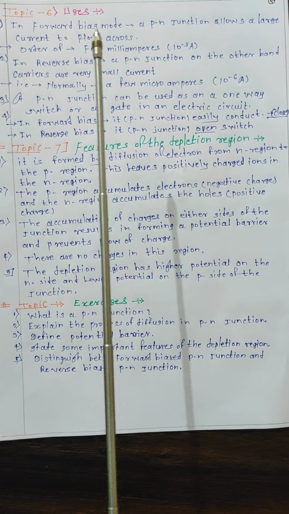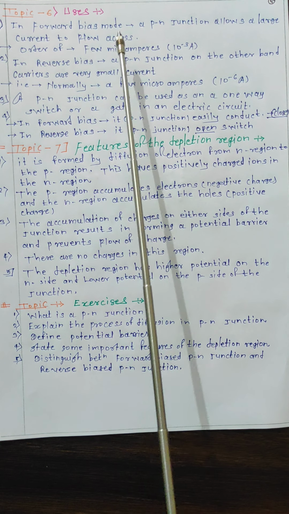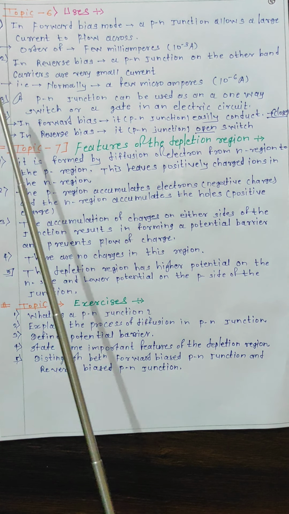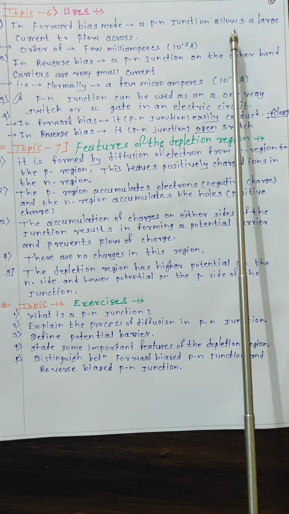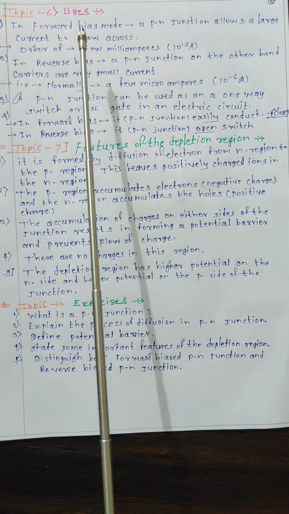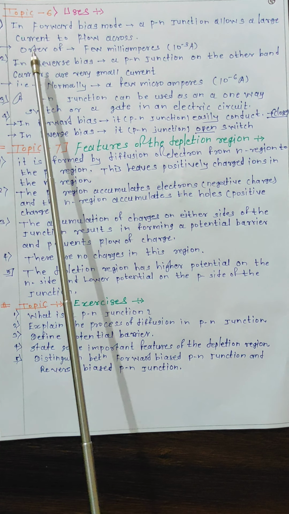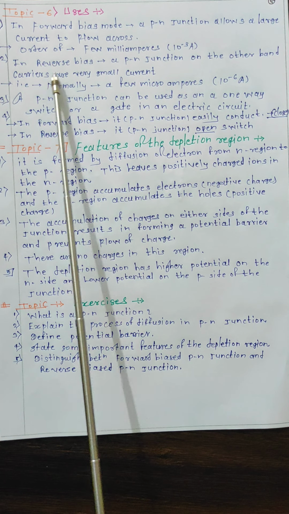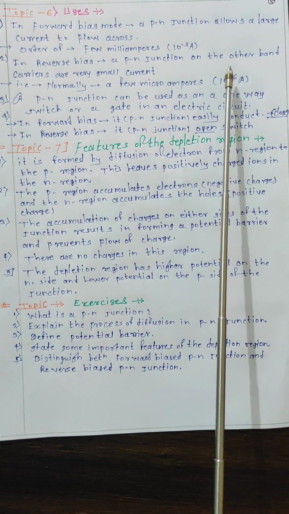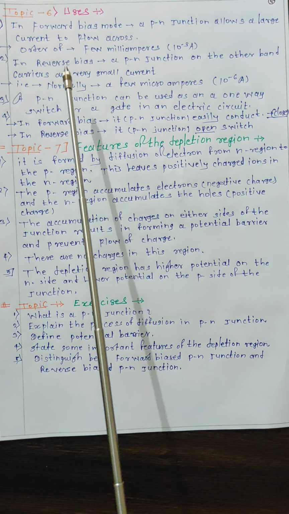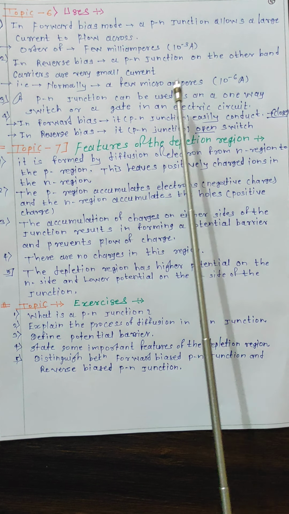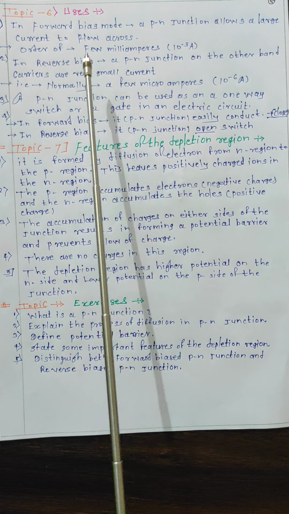Next, the uses. In forward bias mode, a PN junction always allows a large current to flow across the junction, on the order of a few milliamperes. In reverse bias, on the other hand, the PN junction carries a very small current, normally a few microamperes.